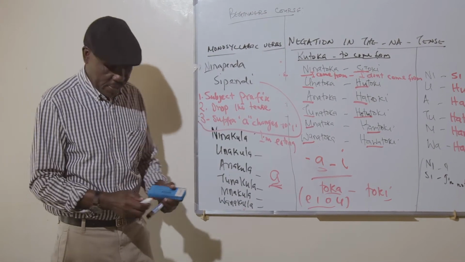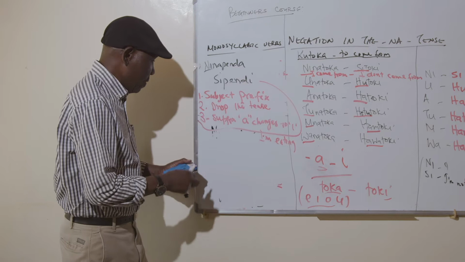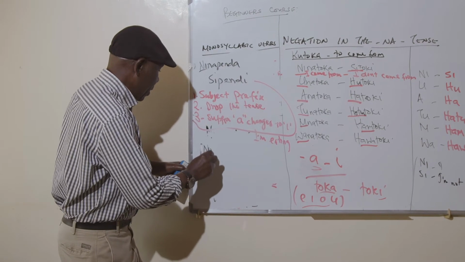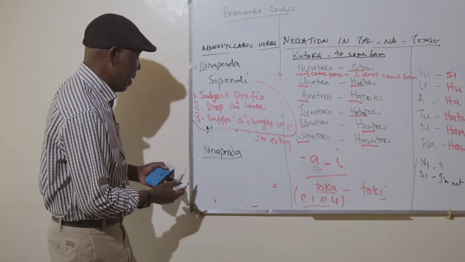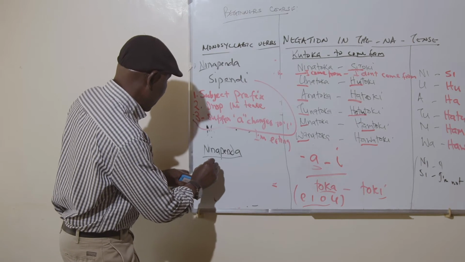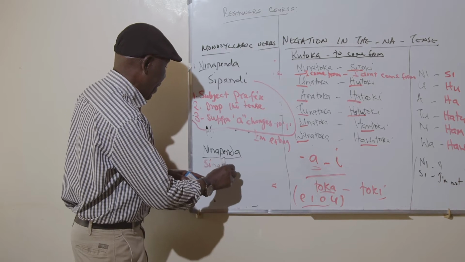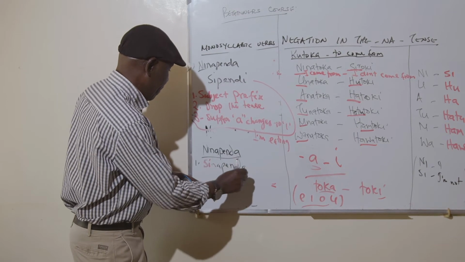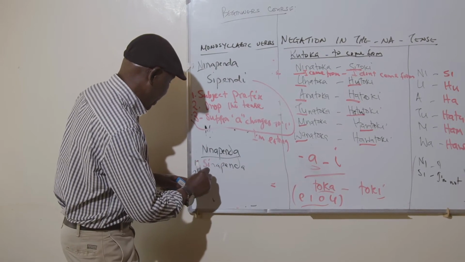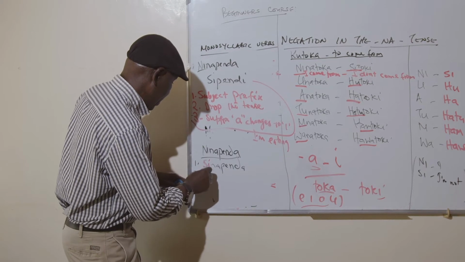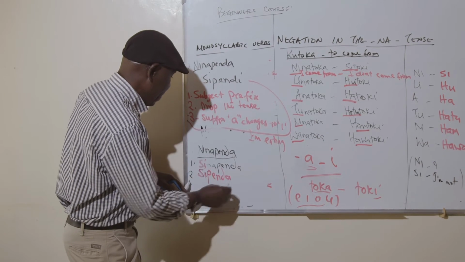So when you have ninapenda and I want to negate it, first of all I negate the ni, so I have si na penda. This is the first step. Second step, I drop the tense, then I have si penda.